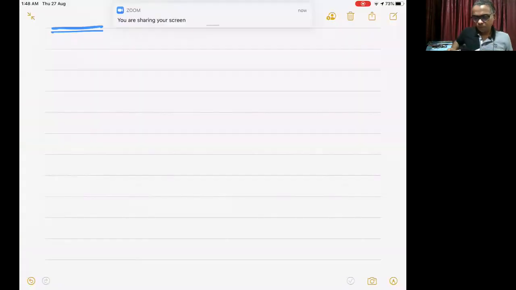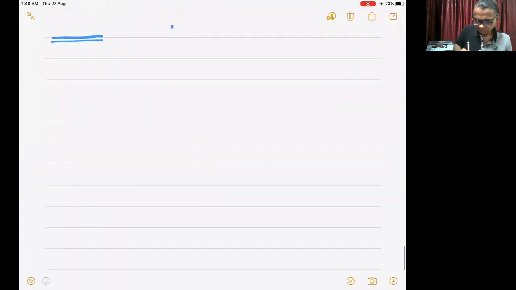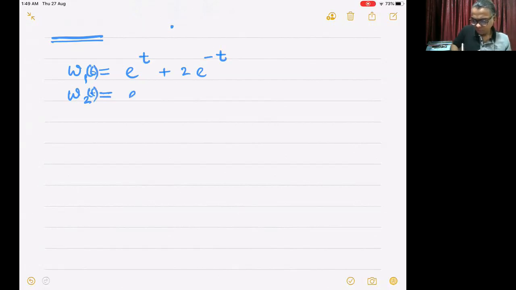So suppose I have a function w1, which is, say, e to the power t plus 2 times e to the power minus t. I have another function w2, which is e to the power t plus e to the power 2t.